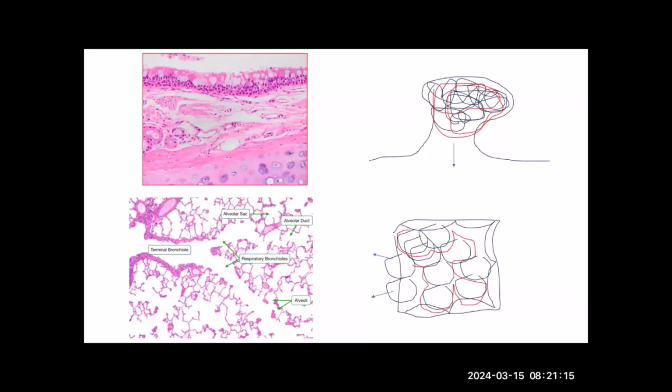So the cancer progresses from a benign to an in situ disease, and once it crosses the stroma, it's an invasive carcinoma.